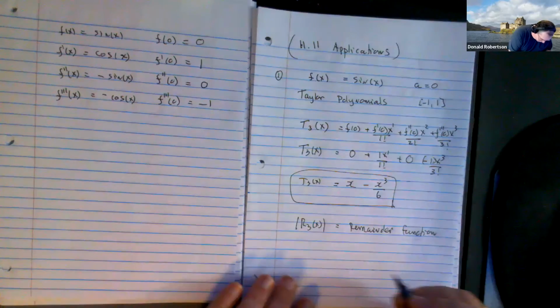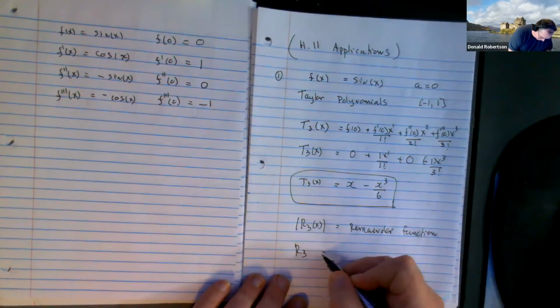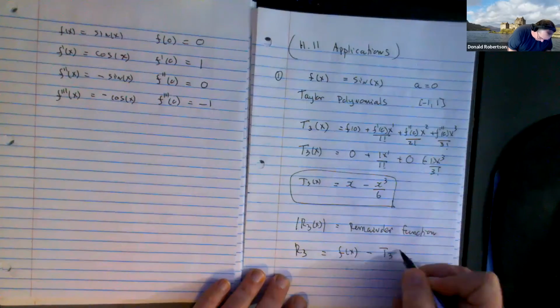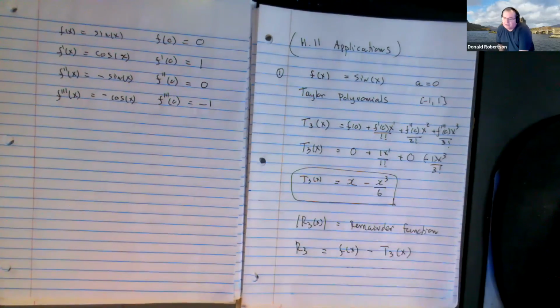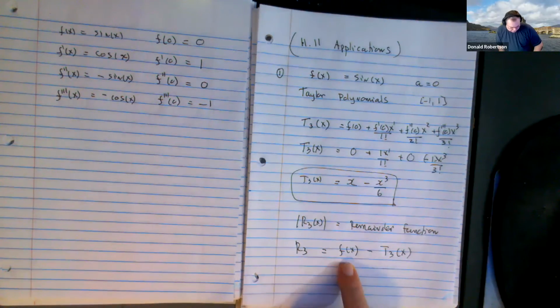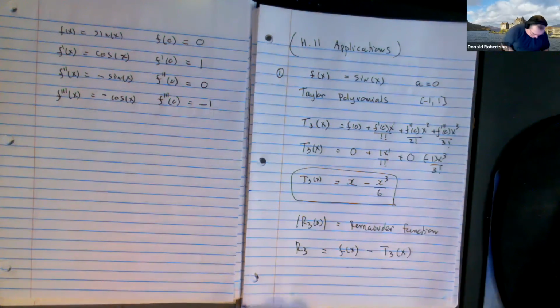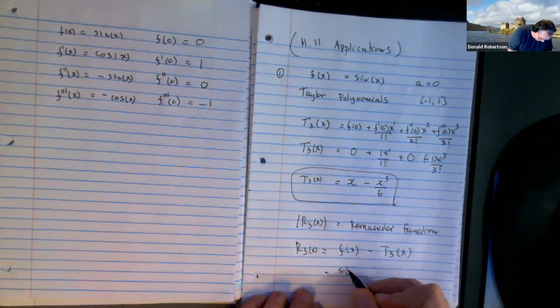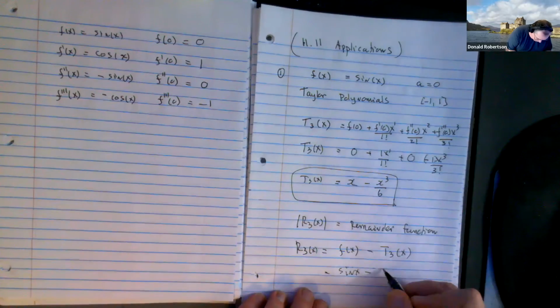And the remainder function is described as the value of the function, take away T3 of x. Wouldn't that basically be the error? Right? What the real answer is, and what this answer is. So in our case, it would be sine x, take away this guy.